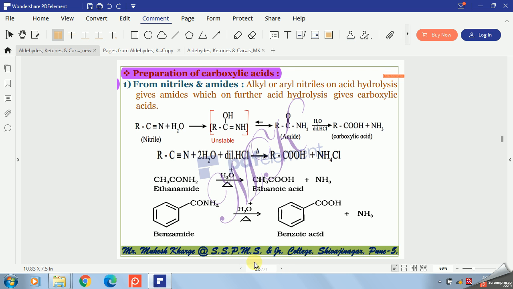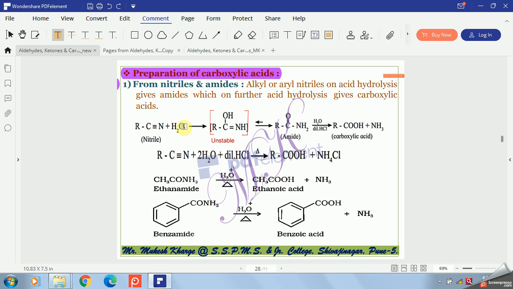So let us discuss the reaction, RCN. Functional group is -C≡N. In that, nitrogen is more electronegative than carbon, so carbon is the electron deficient center of your nitrile or cyanide. And we add the water. In water also we write H as the positive part, OH as the negative part.